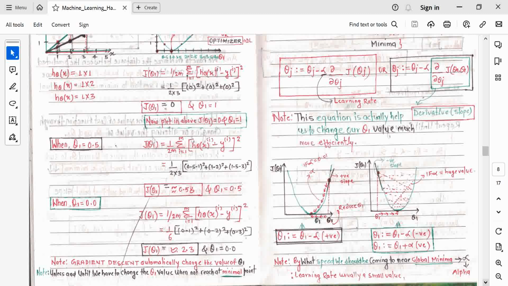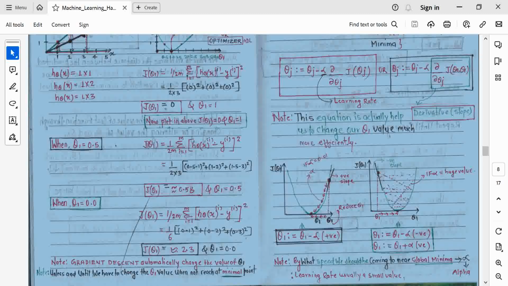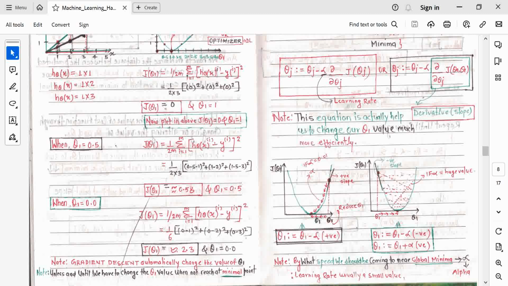And here are some notations. Theta j equals theta j minus alpha times the derivative of J with respect to theta j. These are the notations of the derivative, and we have to know about these notations in cost functions.